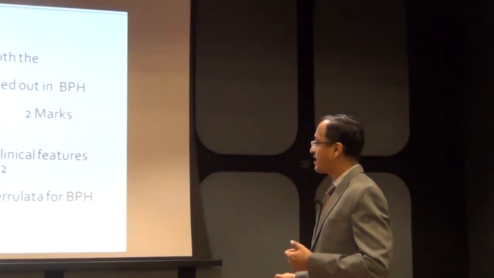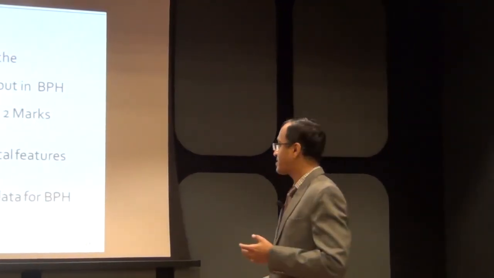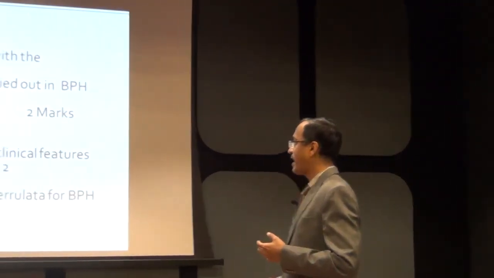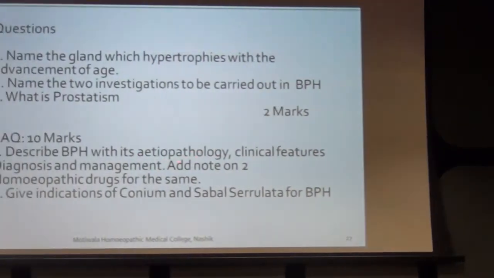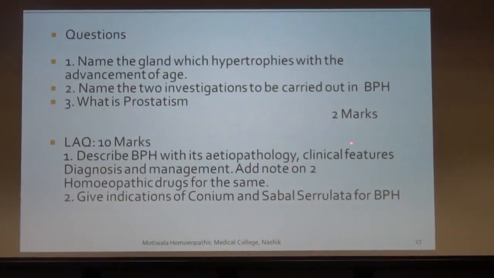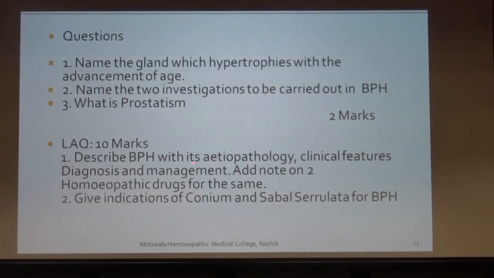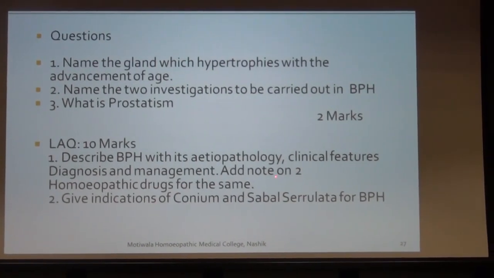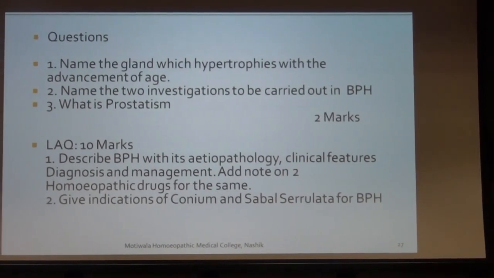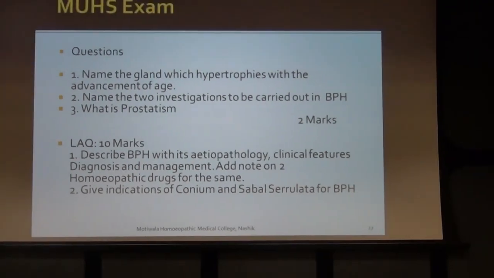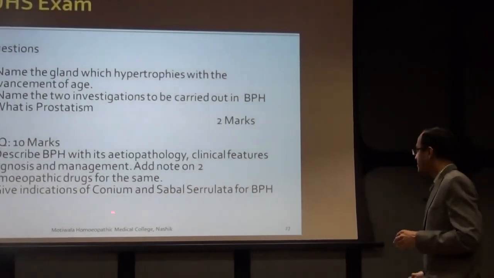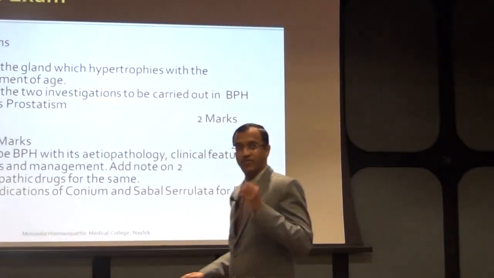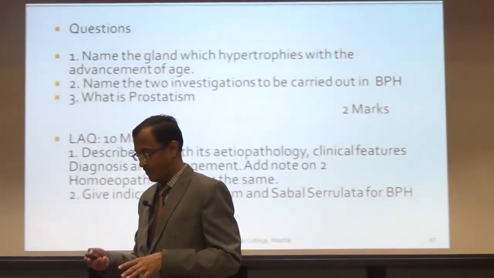Now one can ask an LAQ for 10 marks in the way of: describe benign prostatic hypertrophy with its etiology, clinical features, diagnosis and management. And they may also ask you to add a note on 2 homeopathic drugs for the same, like giving the indications of Conium or Serenoa serrulata in cases of benign prostatic hypertrophy.